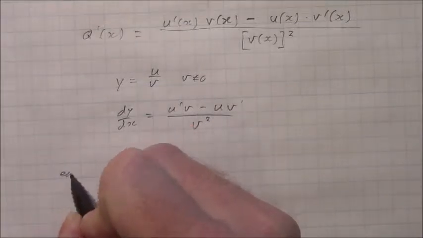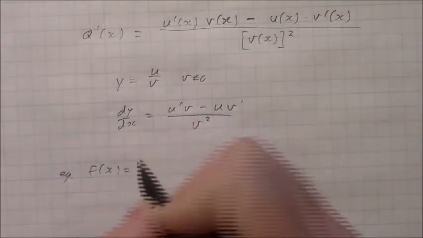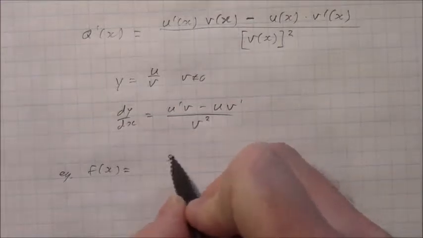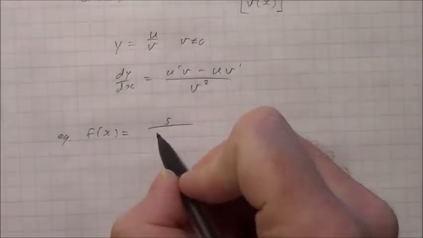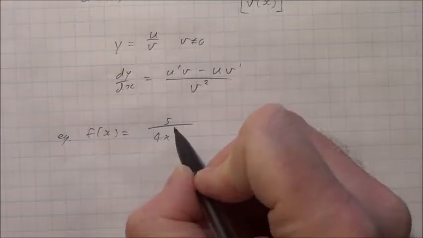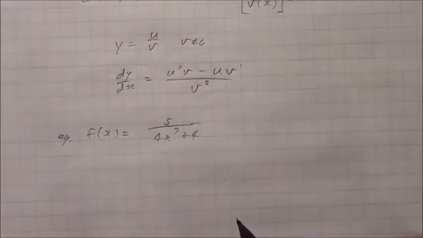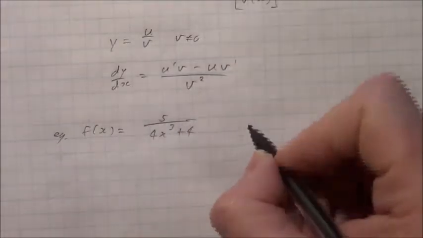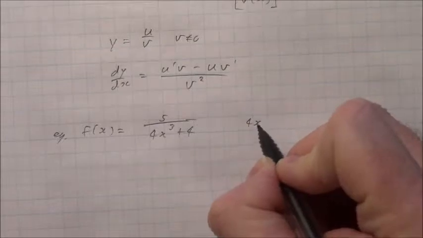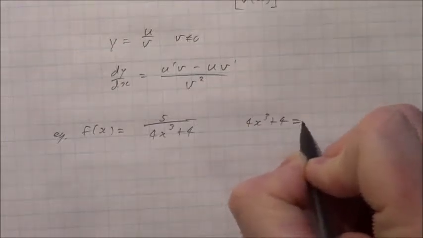So one example we have here, we've got f of x equals 5 over 4x cubed plus 4. Starting off with something simple here. And so we have to make sure that that denominator does not equal 0.